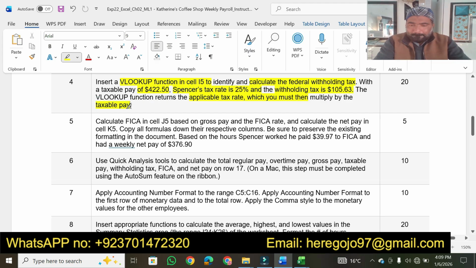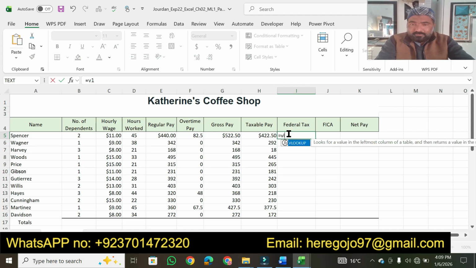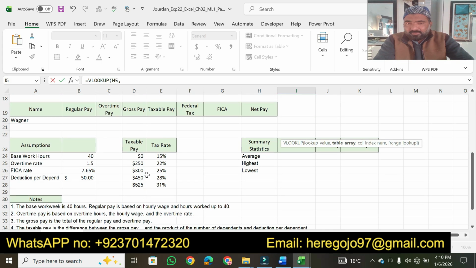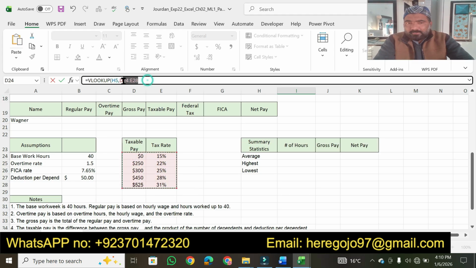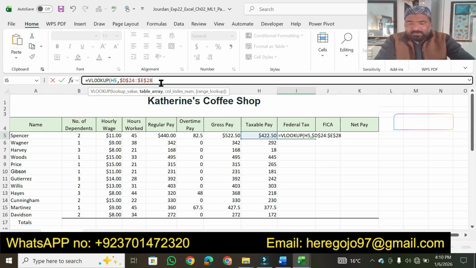Okay, so we use a VLOOKUP function there, then H5, then the table of rates that we will use is this one. Okay, now we have to make that absolute, then we have to use the second column because we need the tax rate, so that is in the second column.